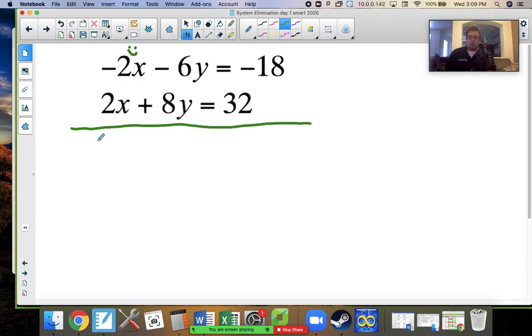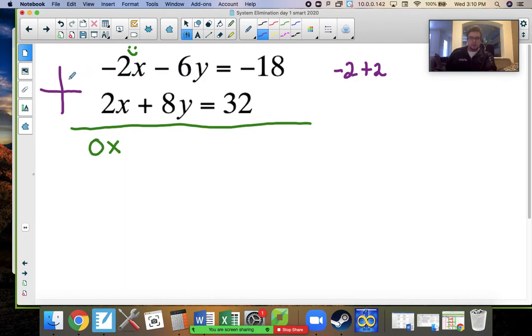I need to create 0x. That way it gets eliminated right here. Because one's positive and one is negative, we're going to add the equations together. That way it's negative 2 plus 2, which creates 0. We're going to do the rest of the equation as well.